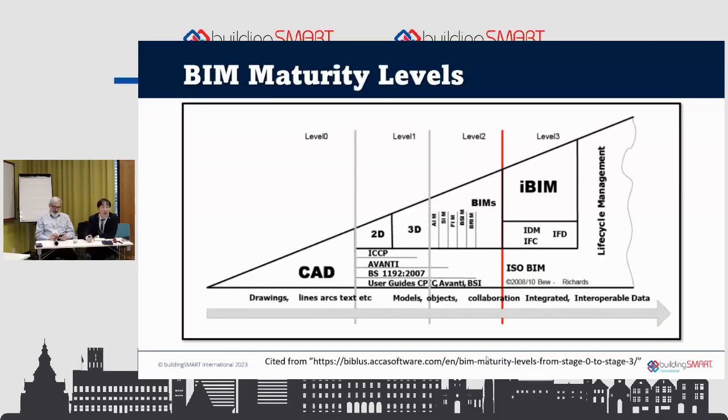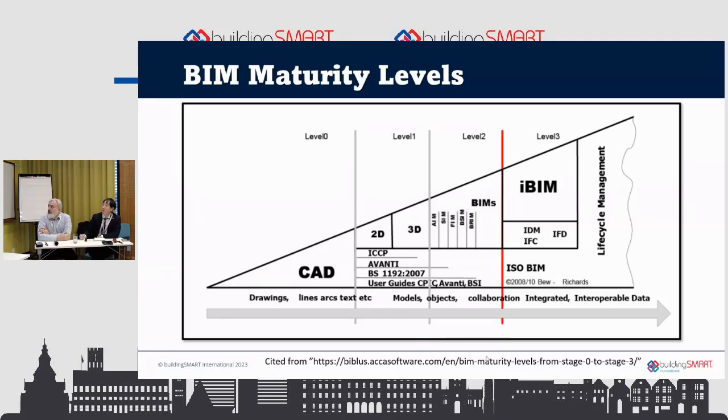This chart, maybe all of you have seen at least one time. You remember this wedge shape. On the left-hand side are level 0, 1, 2, 3, and there is no level 4 defined in this chart.